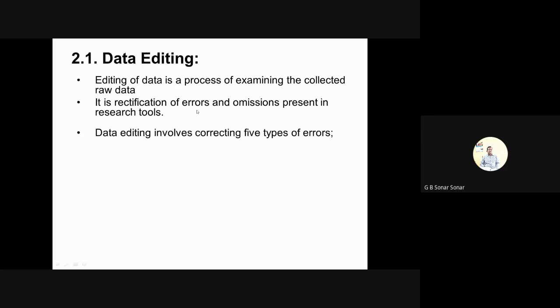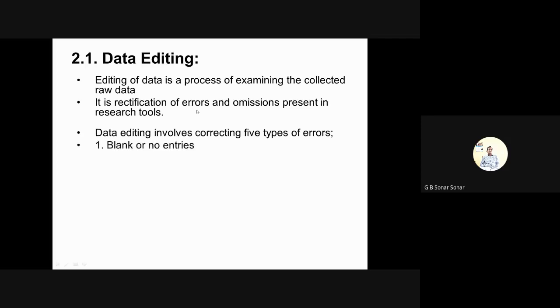Now let us understand what those 5 types of errors are and how they are to be corrected before going to the next sub step of data processing.